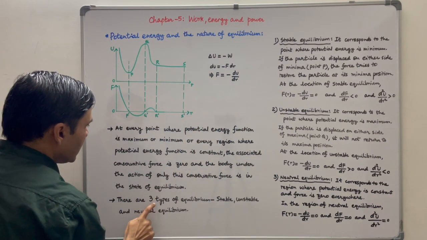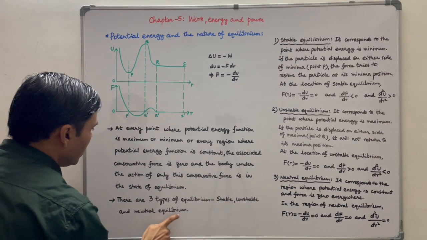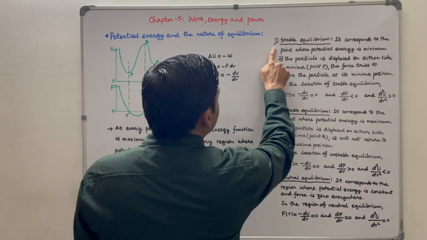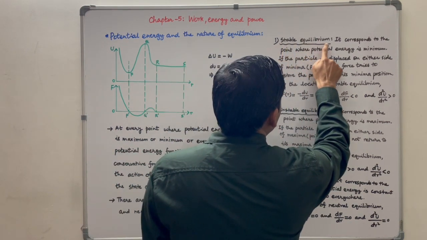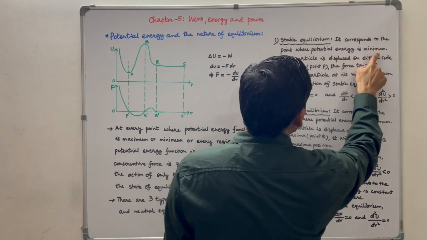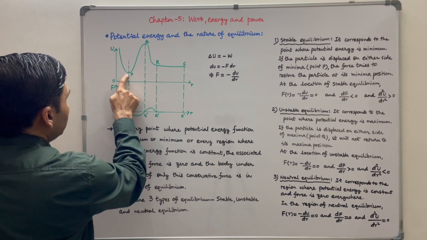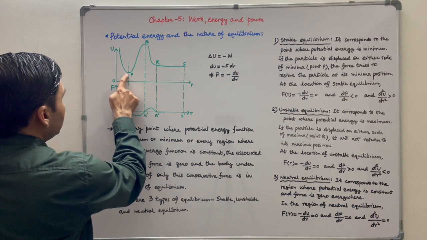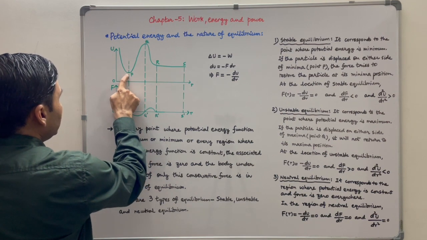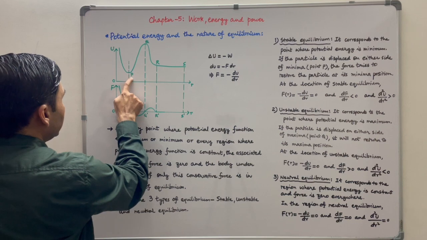There are 3 types of equilibrium: stable, unstable, and neutral equilibrium. Let us understand them one by one. First one is stable equilibrium. It corresponds to the point where potential energy is minimum. Suppose the particle is at point P. If it is displaced a little bit towards left or towards right, it will keep oscillating about point P till it settles down at P again.